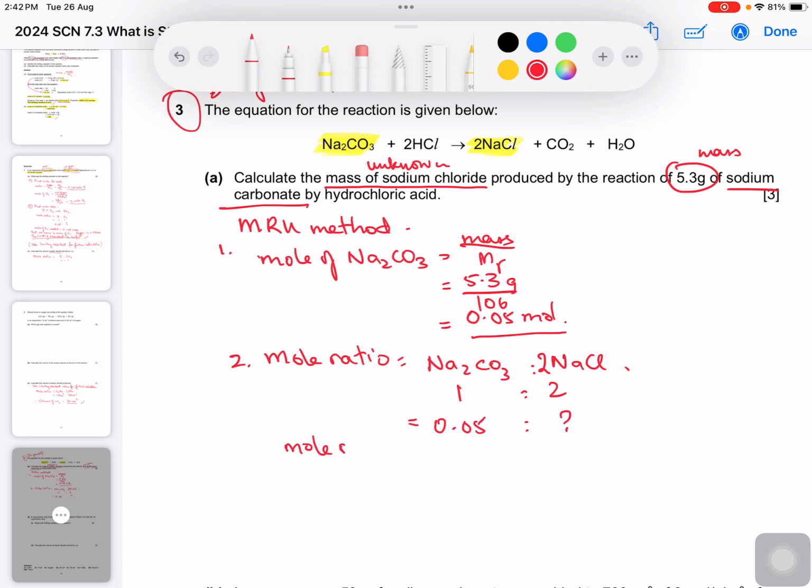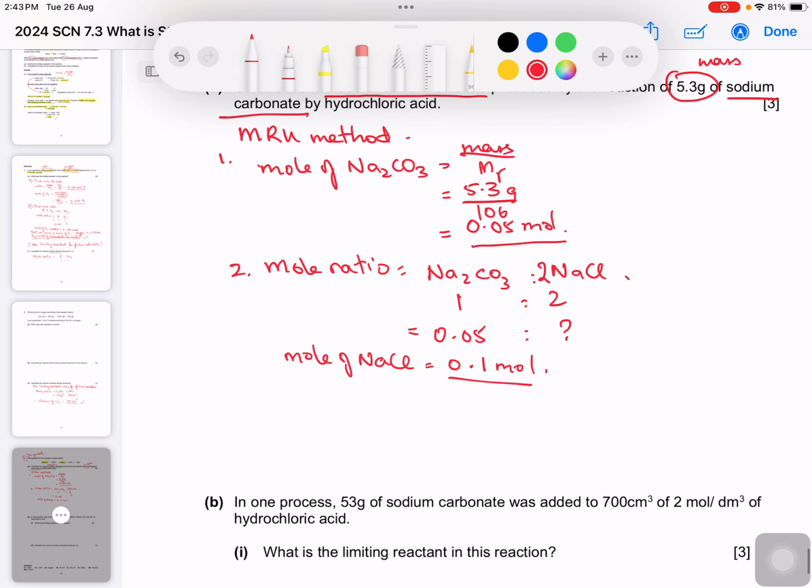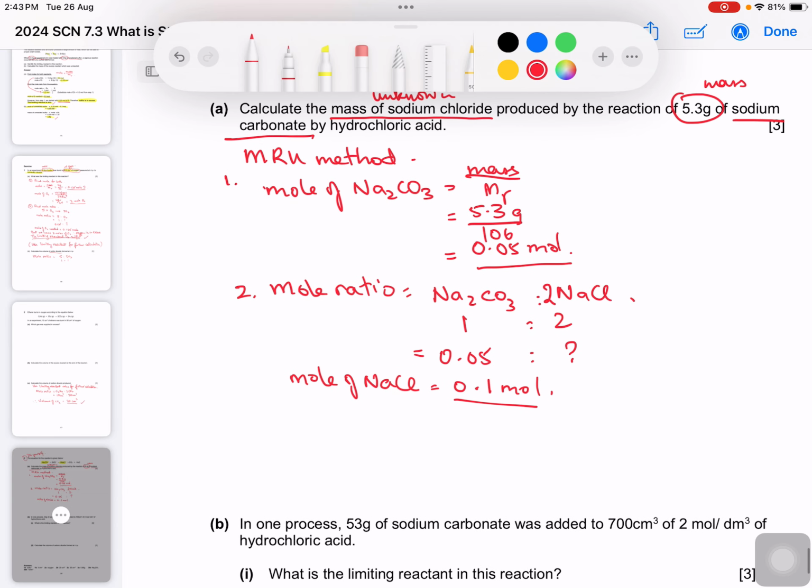So mole of NaCl is equal to 0.1, because it's 1:2. Third step, find the unknown. So our unknown is mass.